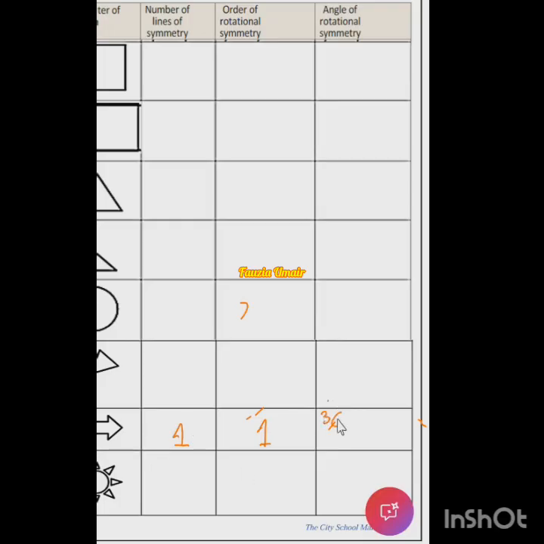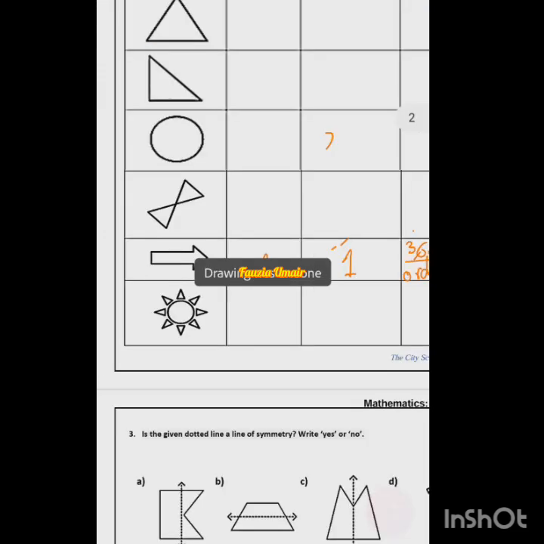So the formula is 360 divided by the order of rotation. So 360 by 1, 360 would be the answer, because this shape has only one rotational symmetry, and the shape gets back to the original position only after a full turn, right?